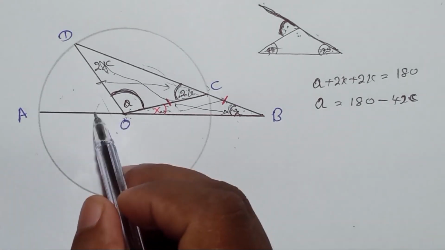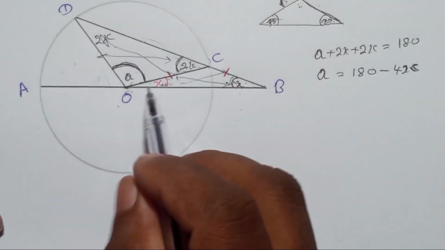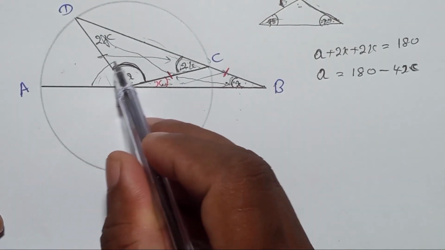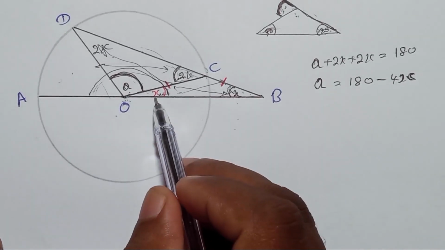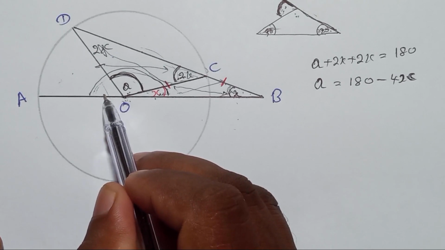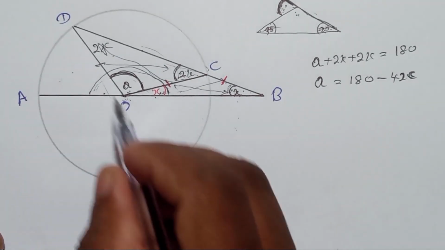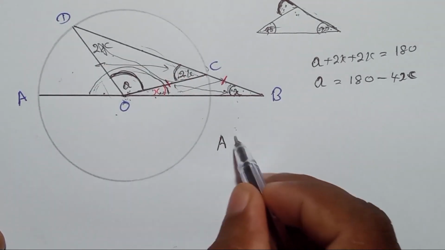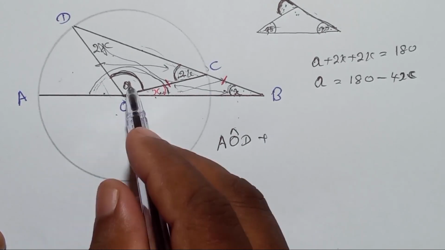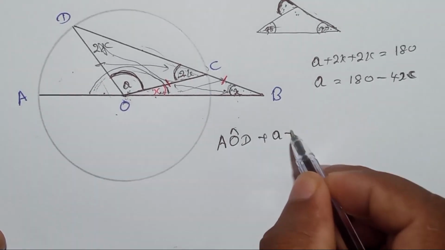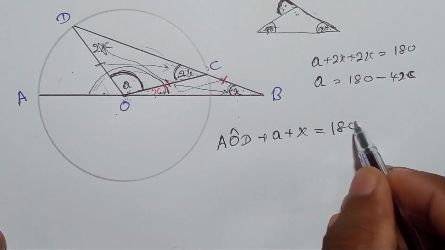Okay. But we need this angle, AOD. So finally we can complete this. This is angle on a straight line, right? That means x plus a plus this will be 180 again. So I can write AOD, what they ask from us. AOD angle, that means this angle, plus a plus this x will be equal to 180.